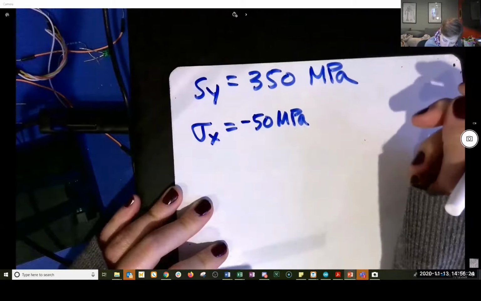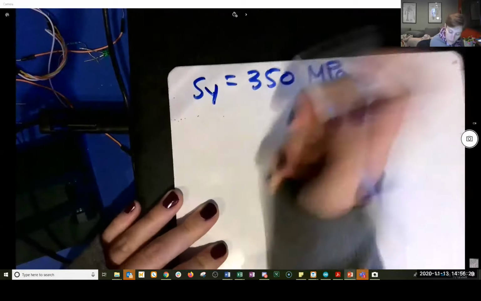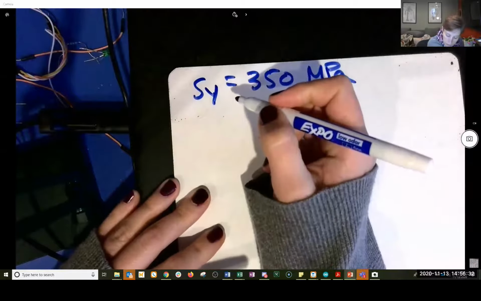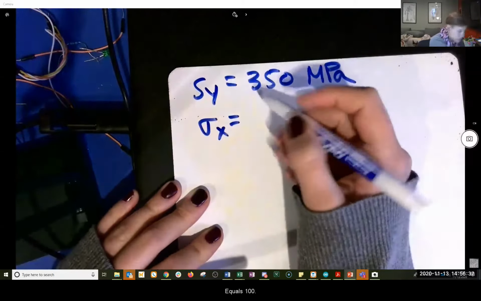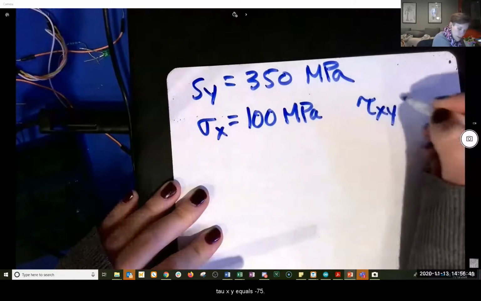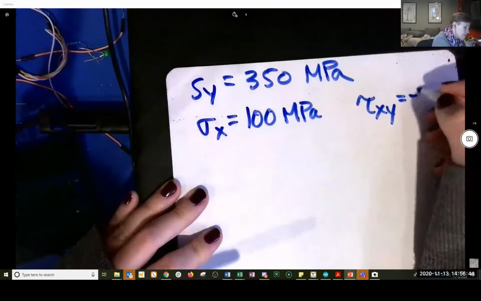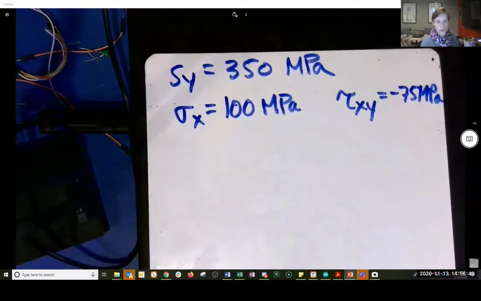Oh no, that wasn't the one I solved. Hold on, sorry. Okay, sigma x equals 100 and tau xy equals -75. And we're not told any other values, so we can assume sigma y is 0, and there's nothing going on in the z direction.